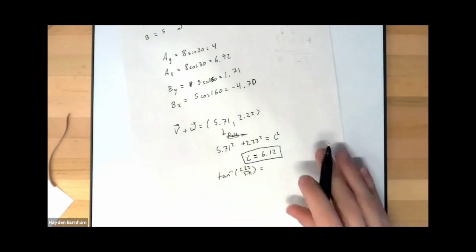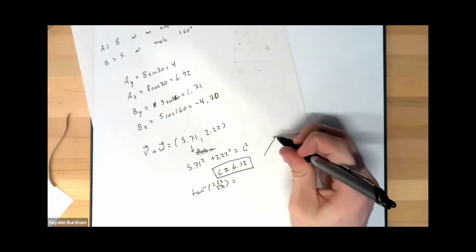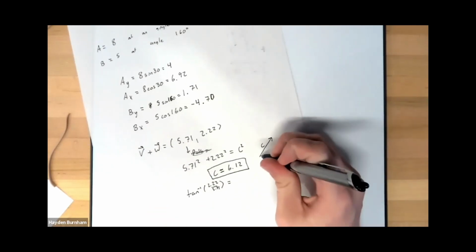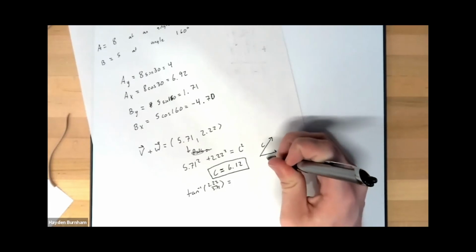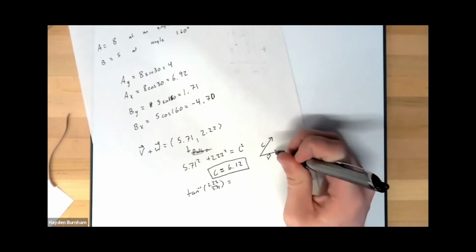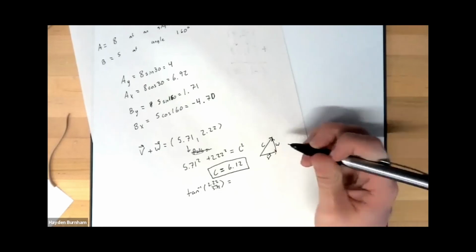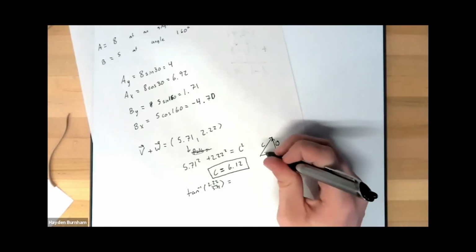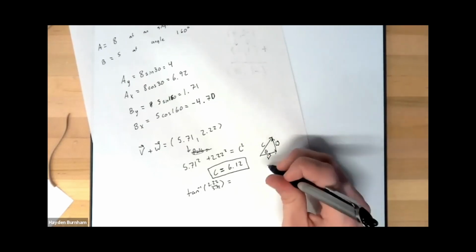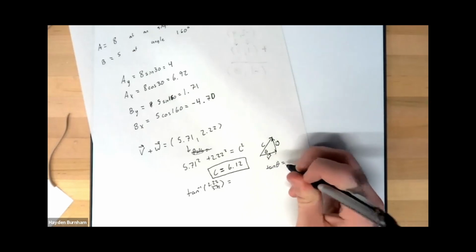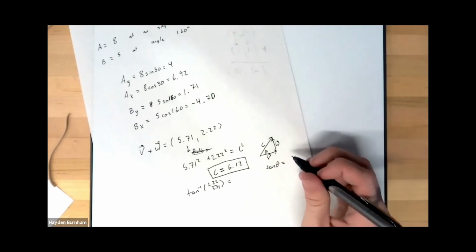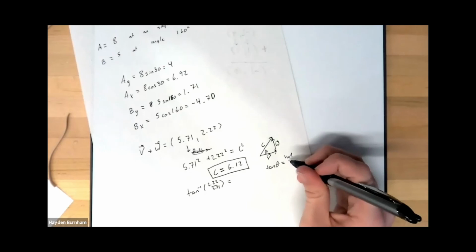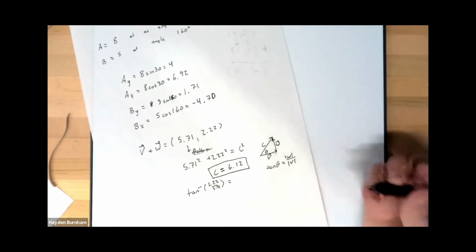So let me draw this up. This is like C, and we'll say it's really called V and W. And we have this angle. We know the tangent of that angle is going to be equal to the opposite over the adjacent.